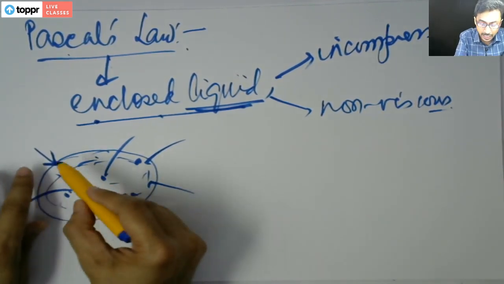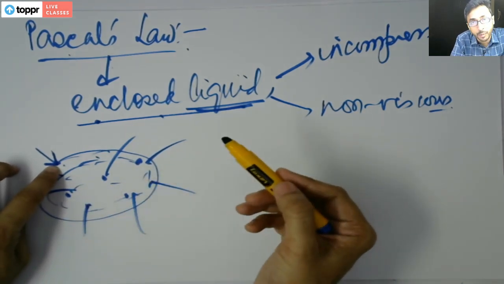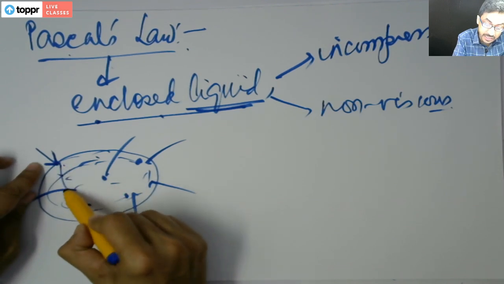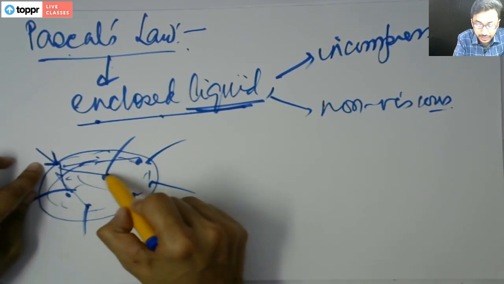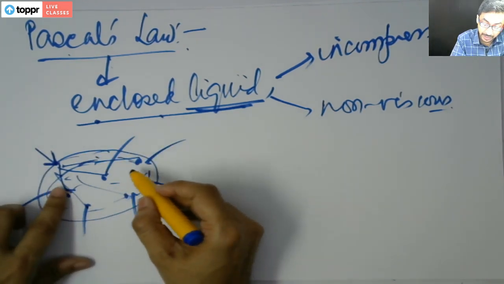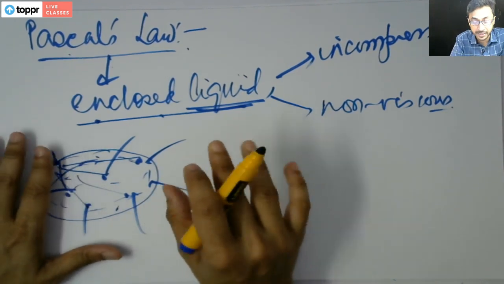How is it happening? You are giving the pressure at one point, but water is coming out from all the points. Why? Because the pressure that you have applied is transmitted equally to all the parts of the body. And if it is not enclosed, this transmission of pressure will not take place.